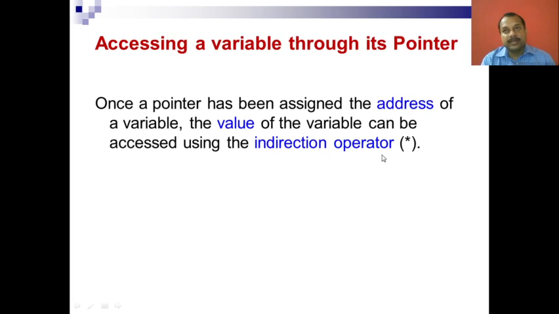It informs that I am asking you to print star p, which means I am asking you to print the content, but it is not your own content. You look at your content, and this is the memory address. You go to that memory address, and whatever is the content there as per the data type I mentioned to you, you print that.